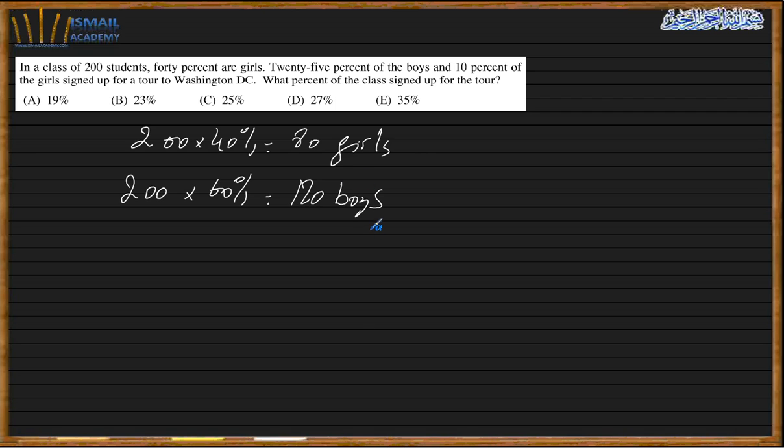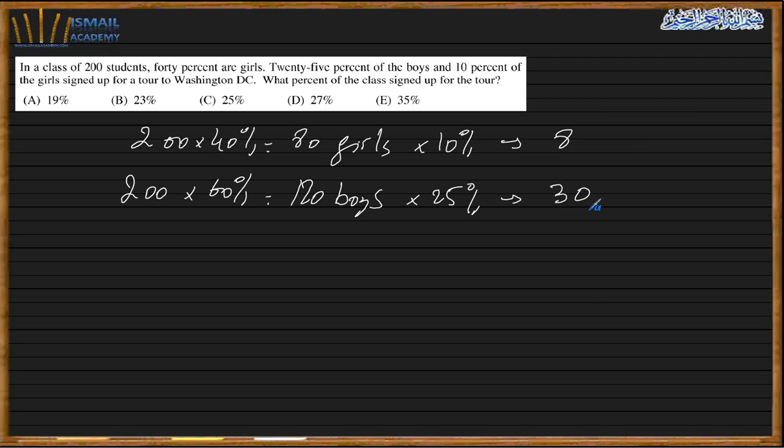Now 25% of the boys and 10% of the girls sign up for a tour to Washington DC. So I have 25% and 10%. So here it is 8 girls, and here it is 1/4 of 120, which is 30.